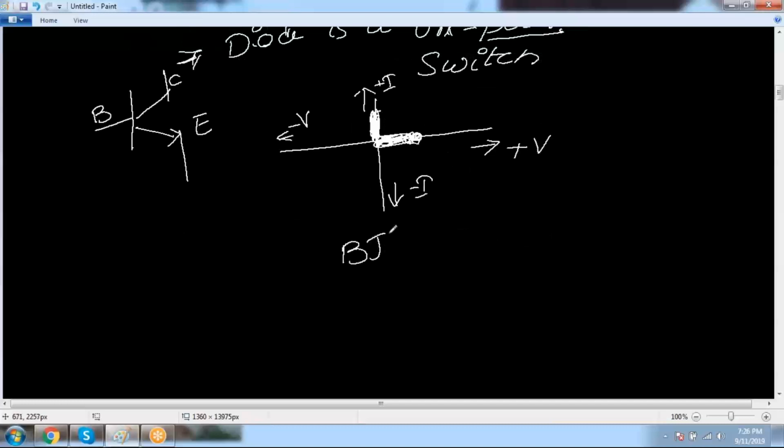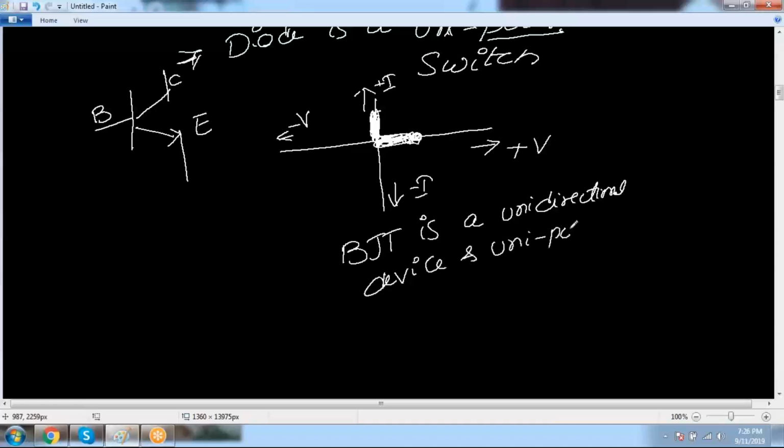BJT, what I'm writing? It is a unidirectional device and unipolar switch. It is a unidirectional and unipolar switch.